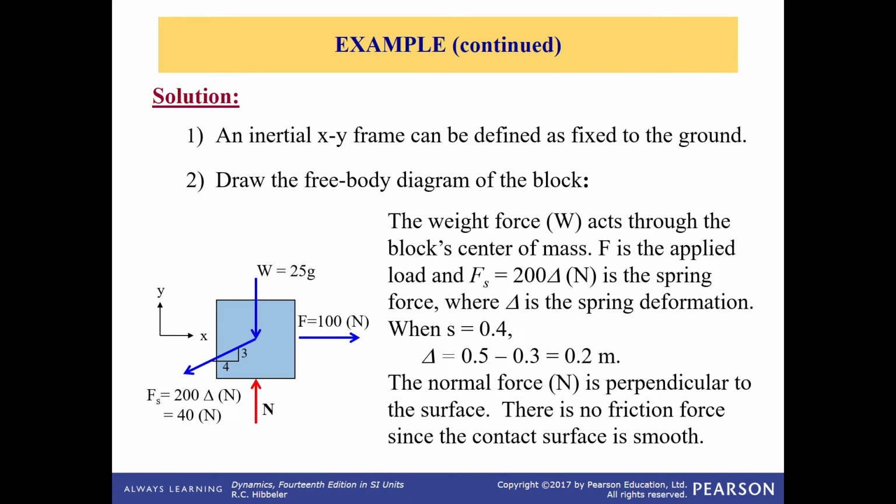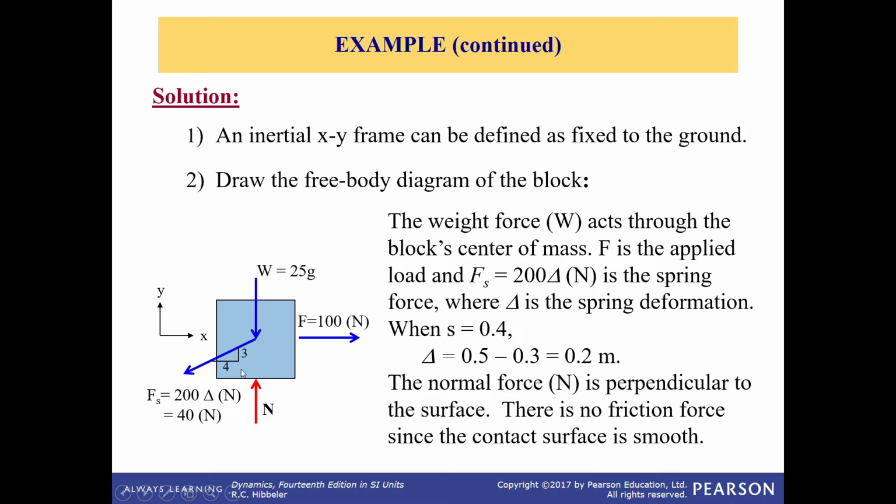I have a block, and this is the weight acting on the body, which is W equal to mg. M here is 25 kilogram, so 25 times g, and it is always pointing downwards because it is the gravitational force. It is also subjected to F equal to 100 newton.